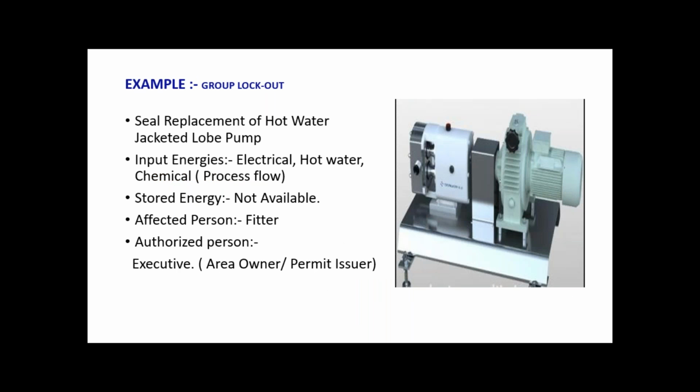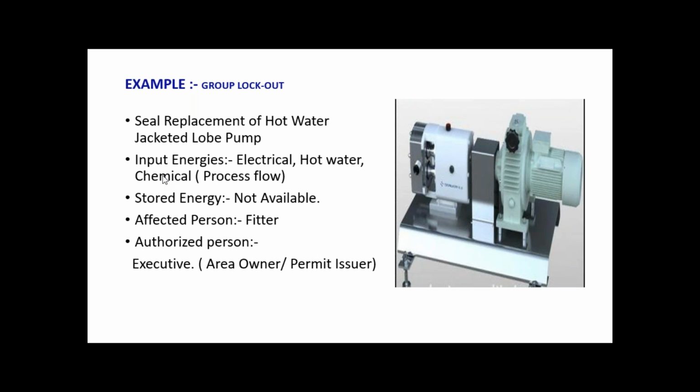So this is the example of group lockout systems. That is the seal replacement of a hot water jacketed pump. Input energies are electrical, then hot water and chemicals. So there are three energy sources: hot water, that is thermal energy, electrical, and chemical, that is the process flow.